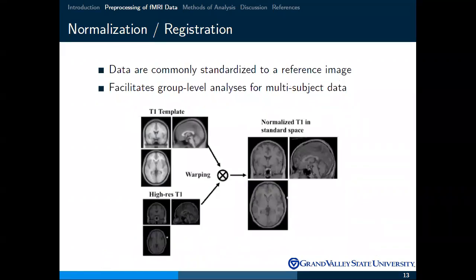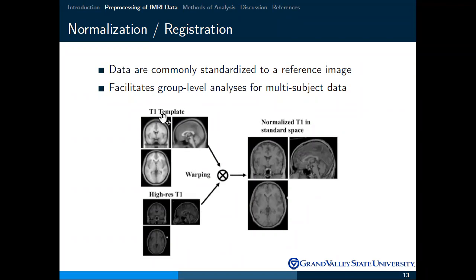Another step that's necessary, especially if you have multi-subject data in which you want to conduct group-level analyses, is to standardize each participant's data to the same space. So if you want to compare across multiple people's MRIs or fMRIs, we need to warp or project their data onto a common space to facilitate comparisons.